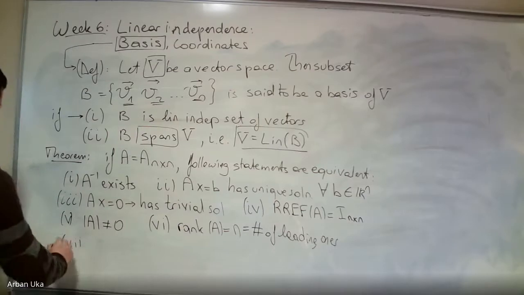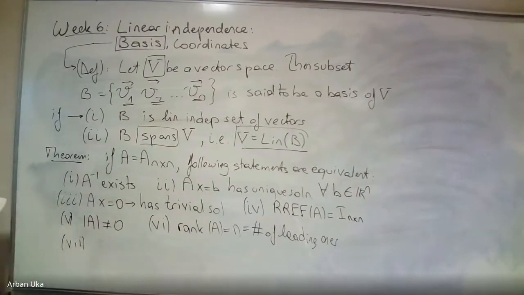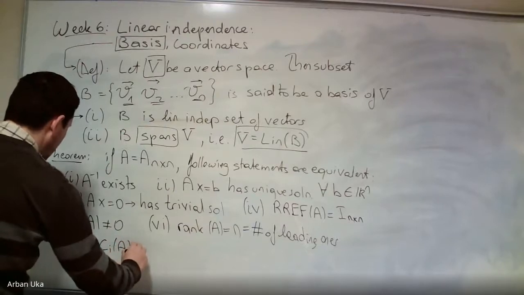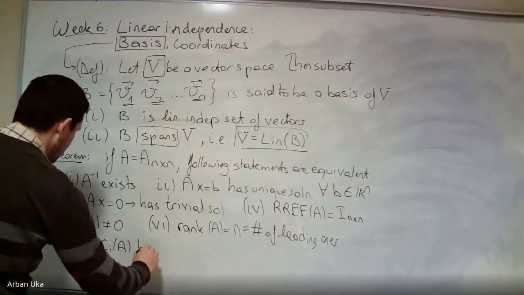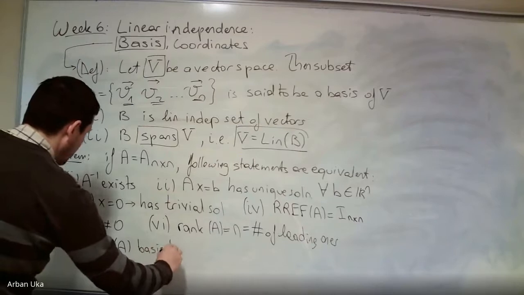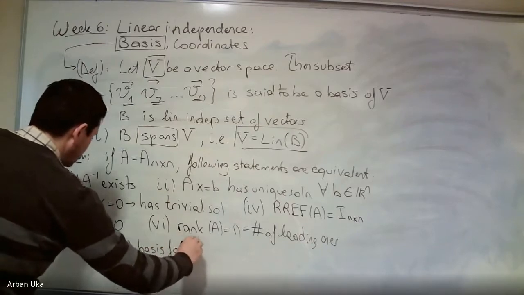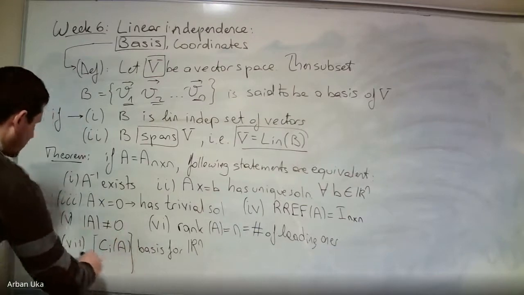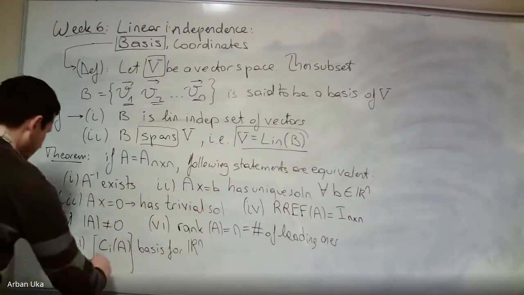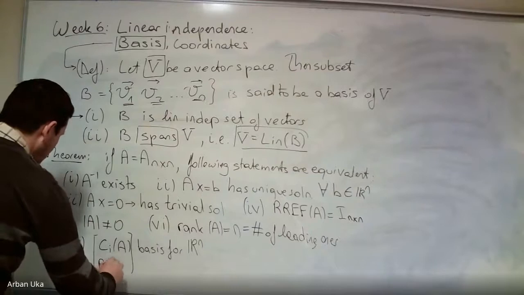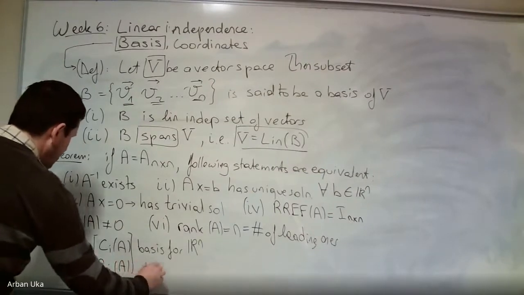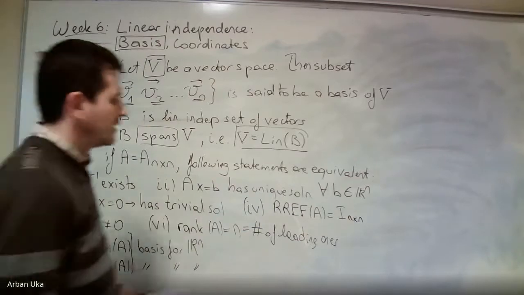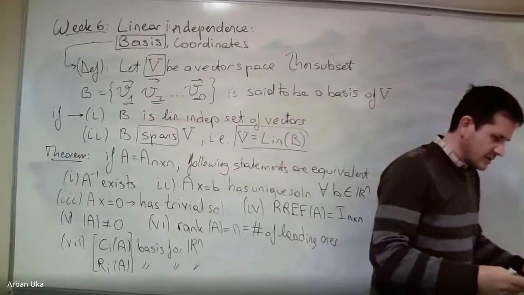The seventh statement is the following: the columns of A are a basis for Rn. We can also say that the rows of A are a basis for Rn. So either the rows or the columns can serve as a basis.